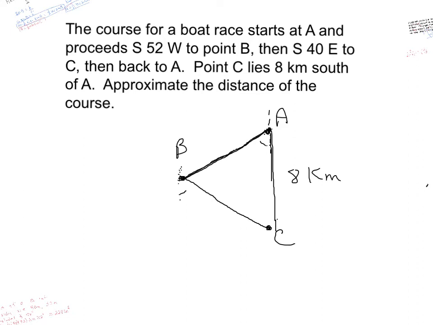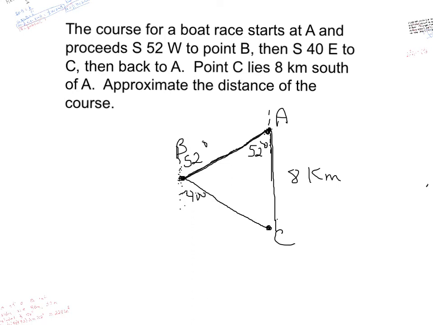So what I've got to figure out, we know that this is angle 52 degrees. We have two parallel lines cut by a transversal, so alternate interior angles are congruent. This is 52 degrees, and this is 40 degrees.